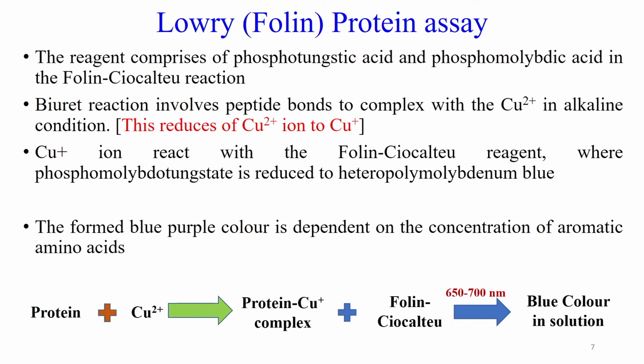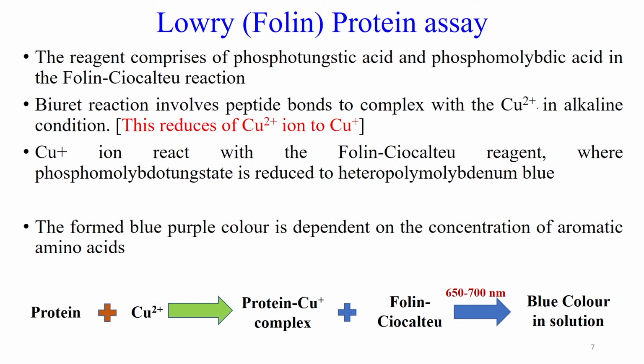In case of the Lowry method, it includes phosphotungstic acid and phosphomolybdic acid. These are the components of that Folin reagent, and here also we are using copper ions.